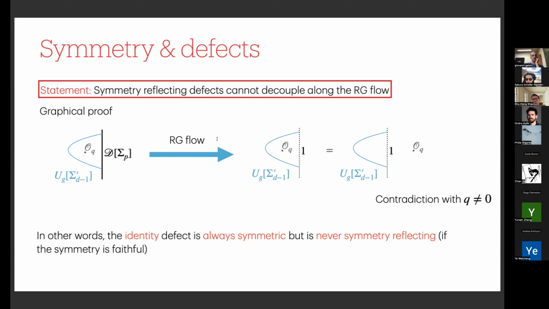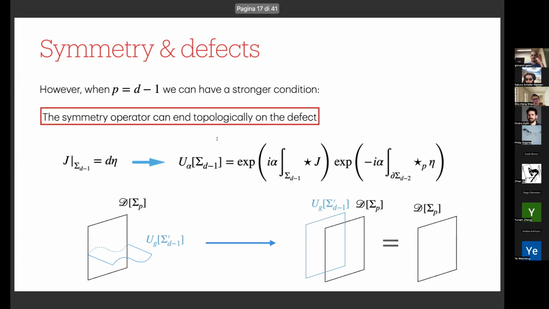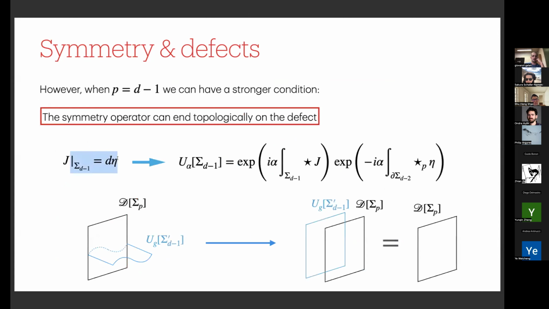If you think about currents, so if you think about continuous symmetries, this is very clear because this distinction between J being a total derivative or not is something sharp. For discrete symmetries, we have to make this distinction about ending or not.